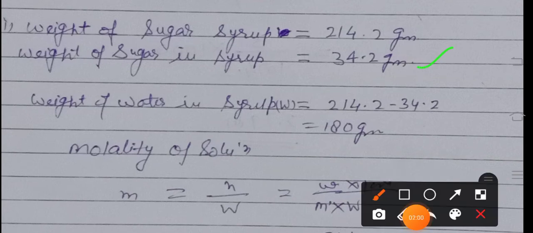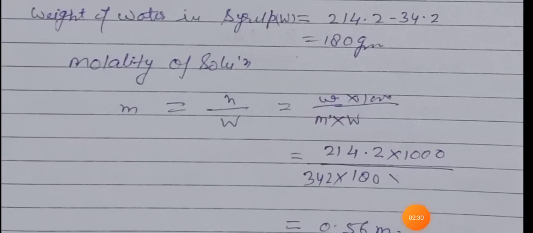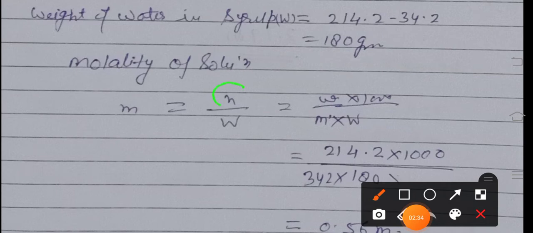34.2 gram. We know the definition of molality: the number of moles of solute present in 1 kilogram or 1000 gram of solvent is known as molality. From the formula, molality equal to number of moles of solute upon weight of solvent, or we can write it as n equal to weight of solute divided by molar weight of solute, into 1000 divided by capital W, if W is in gram.